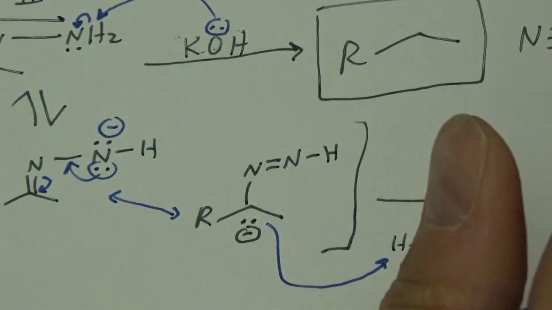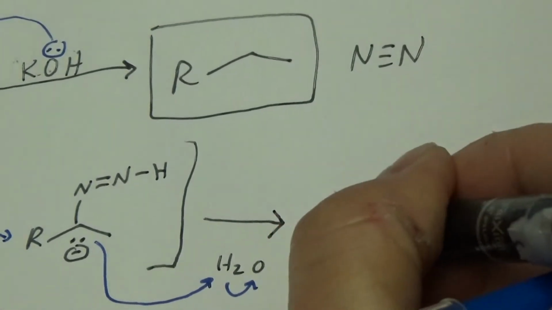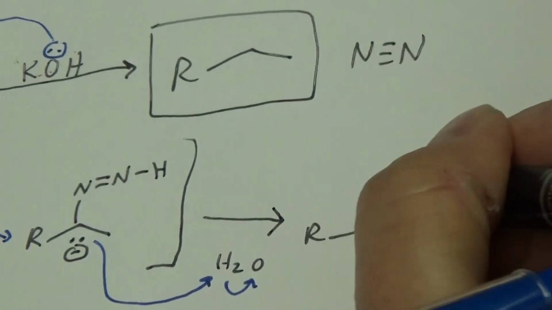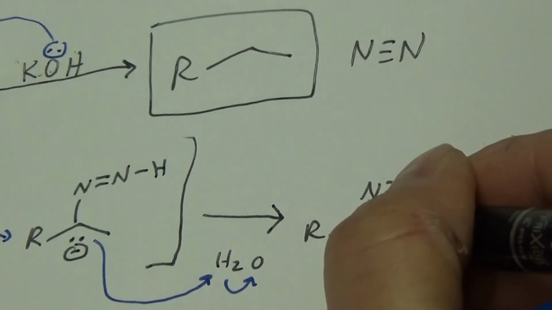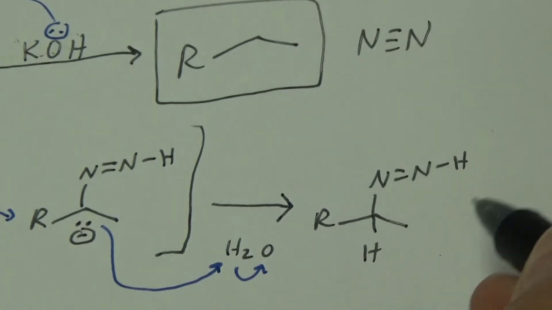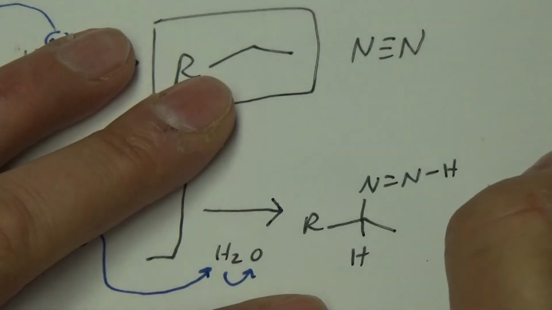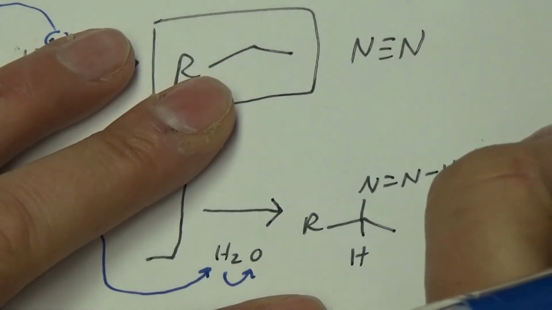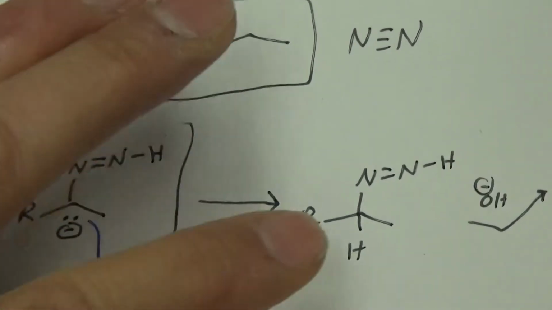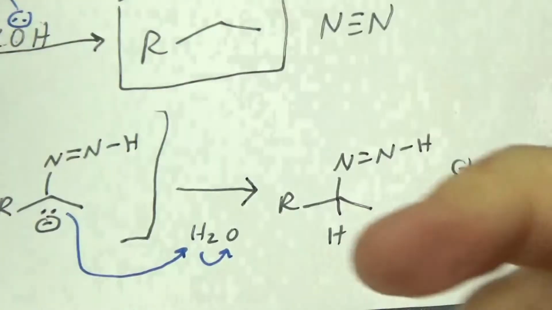What does that make? We just grabbed a proton. All right, we're happy again. Now we have more base, OH minus. We have a lot of base around, and we're going to do it again.